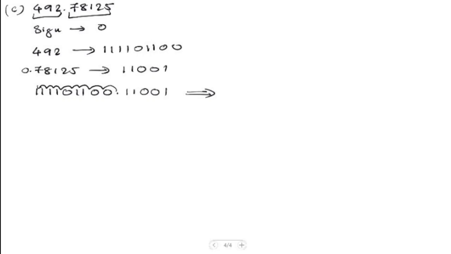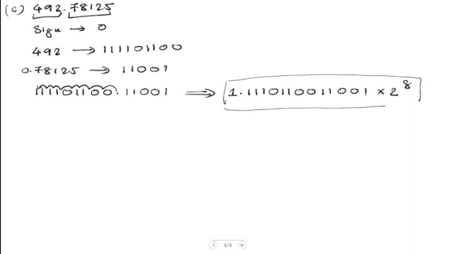So we shift 8 positions and we'll have the number as 1.00111011001 1001 times 2 to the power 8. Since we moved towards the left here, it will be a positive 8 now. So that's the normalized number here.